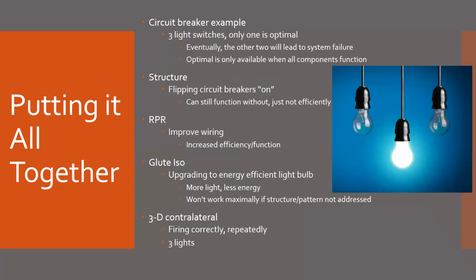So a quick example I like to use is home improvement. For our athletes, it's the easiest way for them to understand it. Basically, you're thinking the 3 hip extension firing patterns are 3 different light switches, and only one of them is optimal. The other 2, maybe they're rewired inappropriately, but for whatever reason, eventually those 2 are going to lead to a system failure.